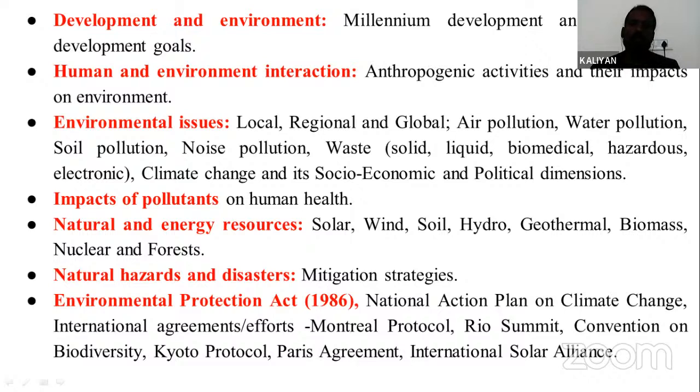Anthropogenic activities and environmental issues at the local, regional and global level, various types of pollution, and next is the impact of pollutants on human health, different types of energy sources, and what are natural hazards and disasters, and what kind of mitigation strategies are used for protection from natural hazards.